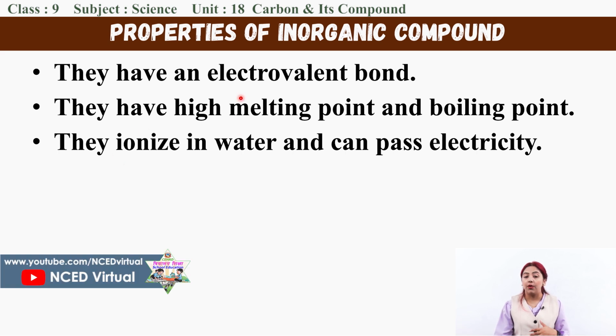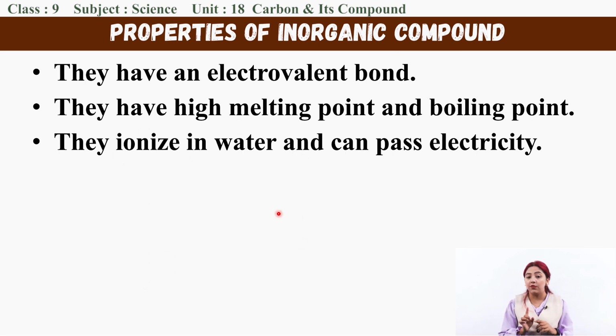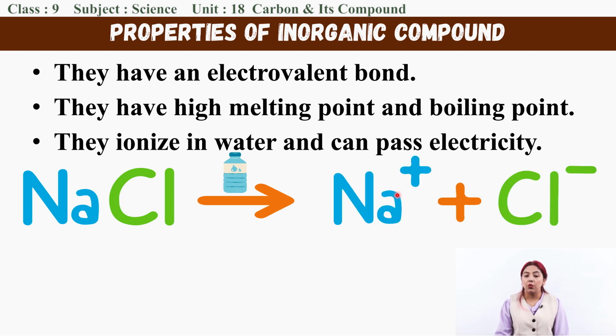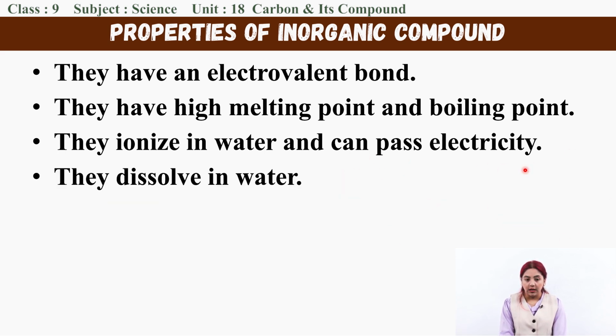Since they form an electrovalent bond and have electropositive and electronegative charges, they can also pass electricity. When sodium chloride is dissolved in water, it dissociates into the electropositive sodium and the electronegative chlorine. Now, another property is that they dissolve in water.